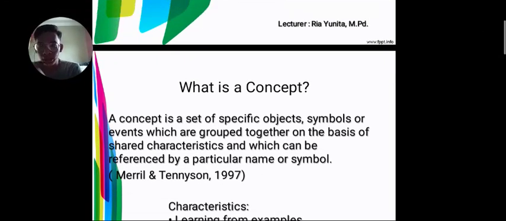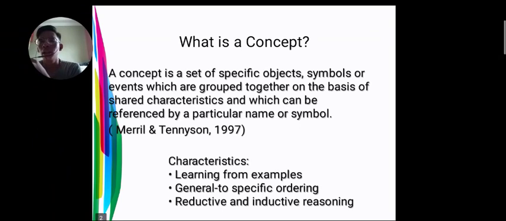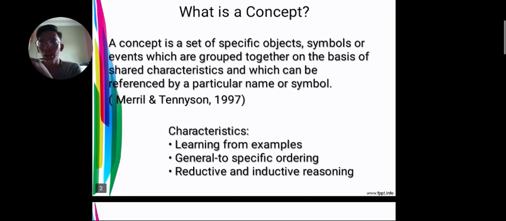A concept is a set of specific objects, symbols, or events which are grouped together on the basis of certain characteristics and which can be referenced by a particular name or symbol. This is from Merrill and Tennyson, 1997.